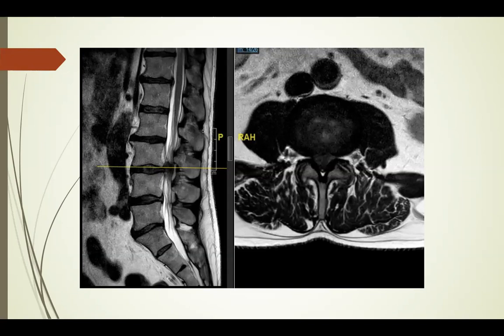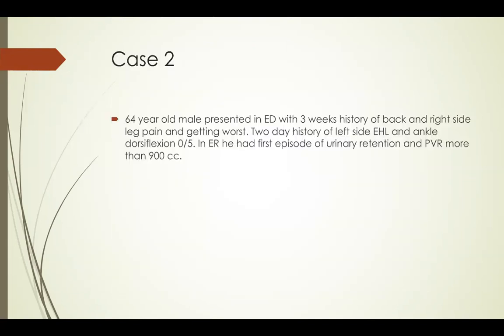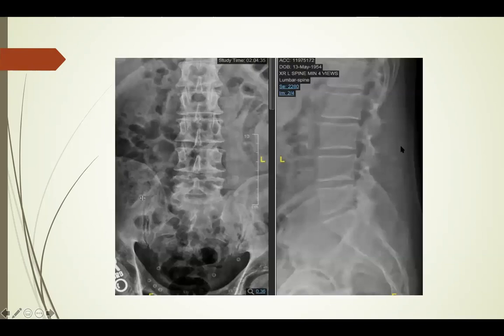So that can affect the whole cauda equina. I think this patient has a cauda equina. I skipped the history: 2 days of left-sided EHL and ankle dorsiflexion weakness, which is L5 and L4, and a first episode of urinary retention with the S1 nerve roots. So the whole cauda equina is affected.